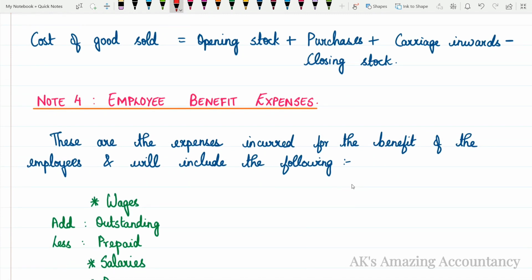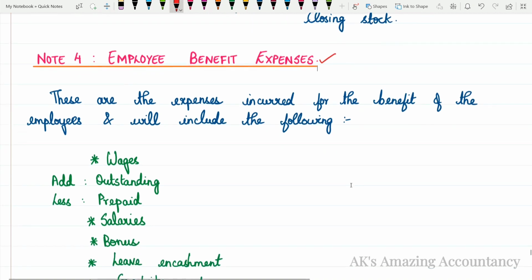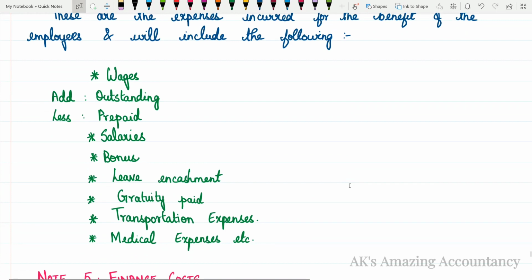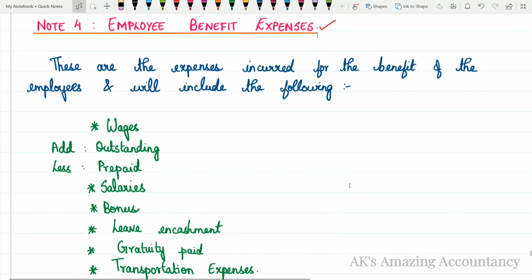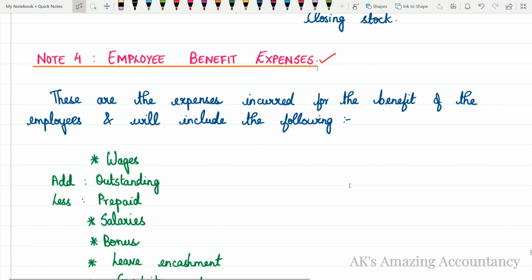Under this heading, we'll be having all those expenses which are incurred for the benefit and well-being of the employees, and it will include the following: wages, salaries, bonus, leave encashment, gratuity paid, transportation expenses, medical expenses, etc. Under this note, that is note 4, employee benefit expenses.